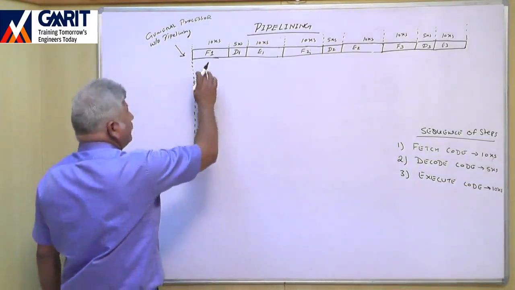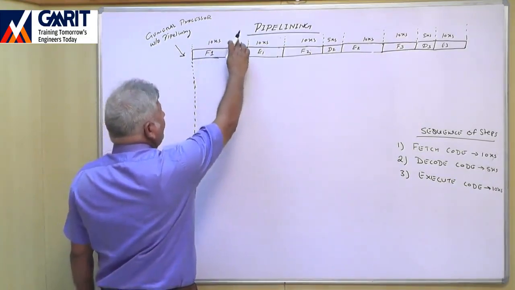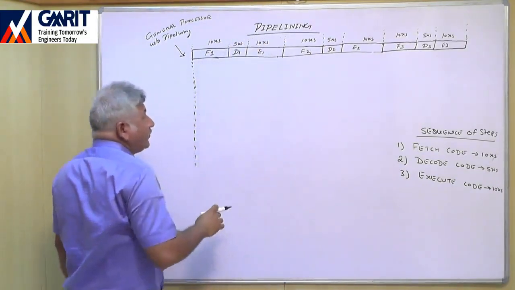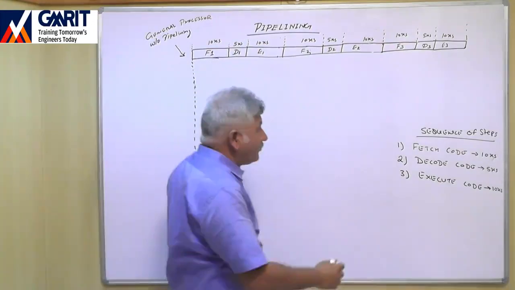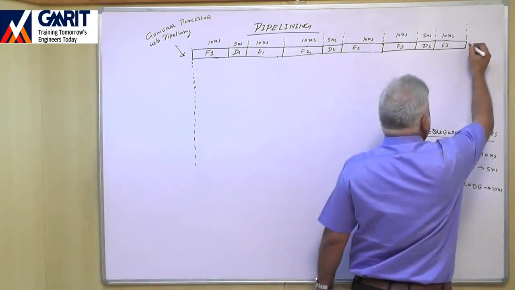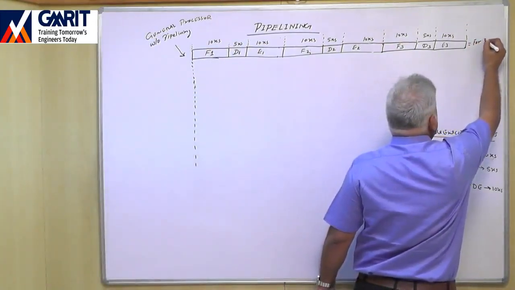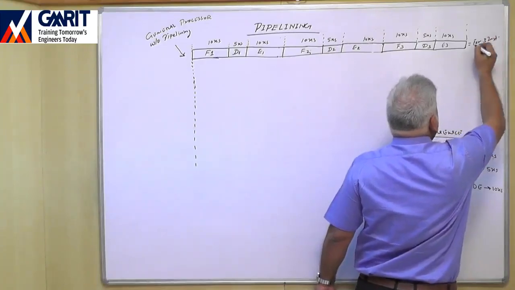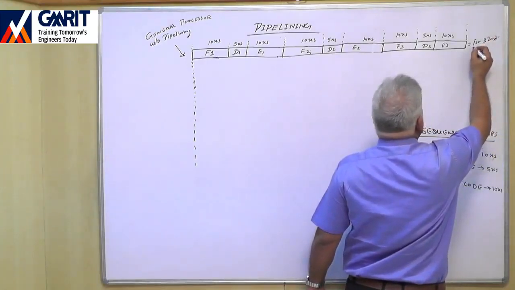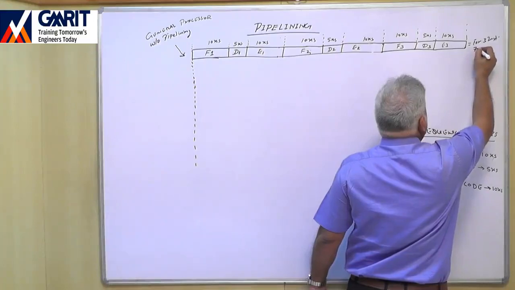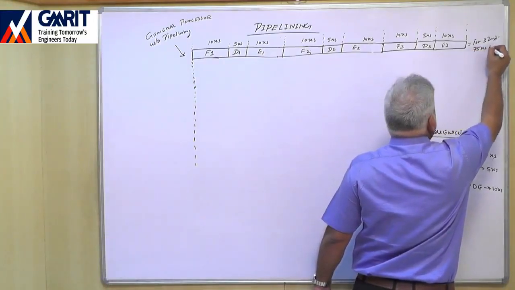Here, to execute one instruction, it requires 10, 5, 10, that is 25 microseconds. There are 3 instructions, so in total it requires 75 microseconds for 3 instructions.